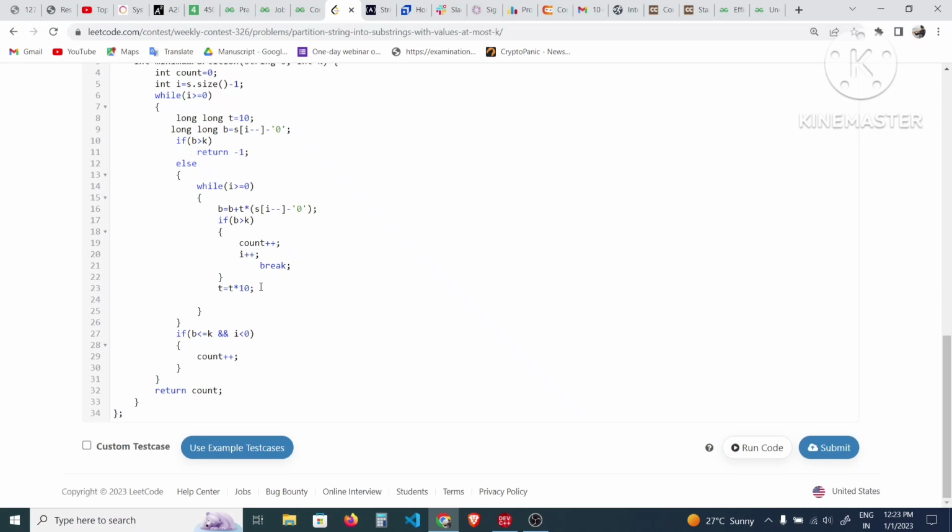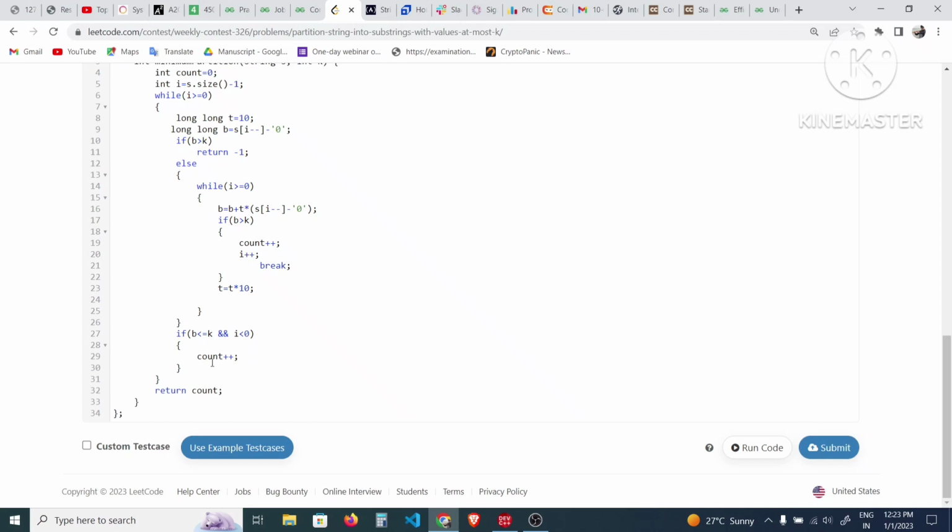So basically this is the logic here. And then at the end, you just need to check whether b is smaller than or equal to k, and i is smaller than 0.